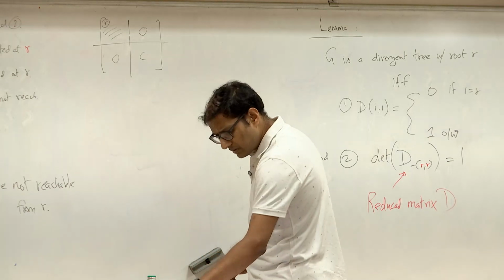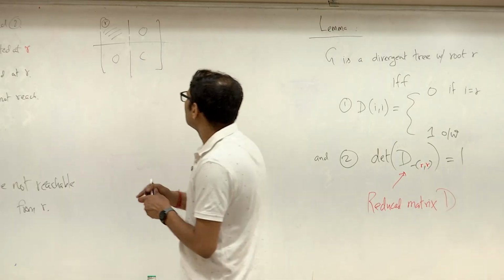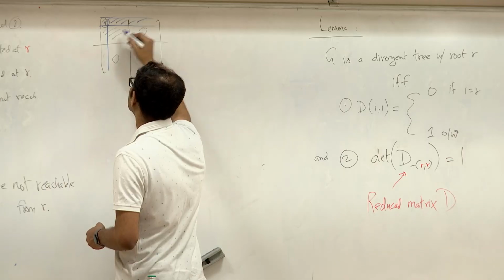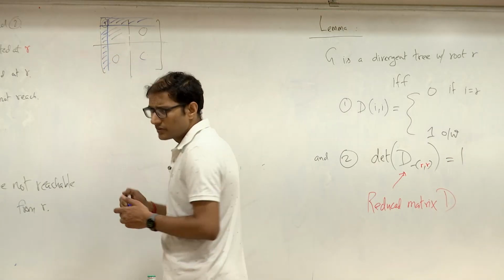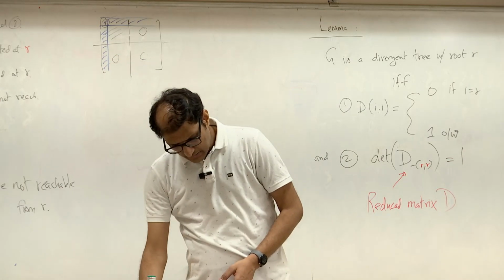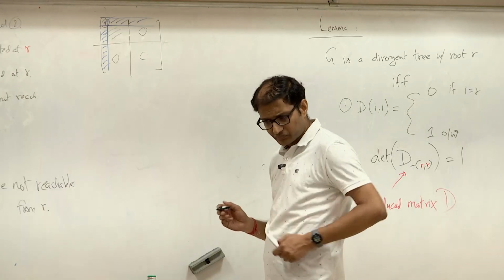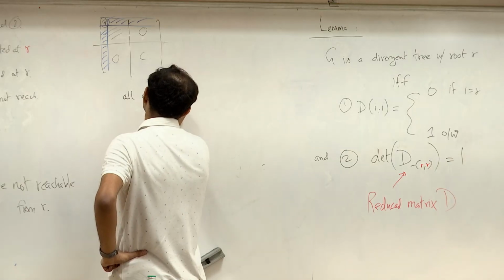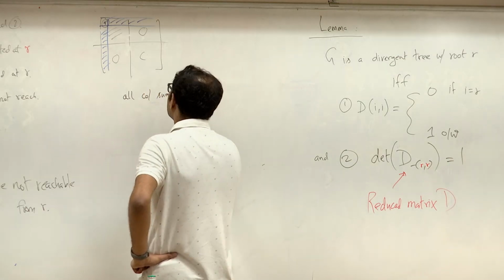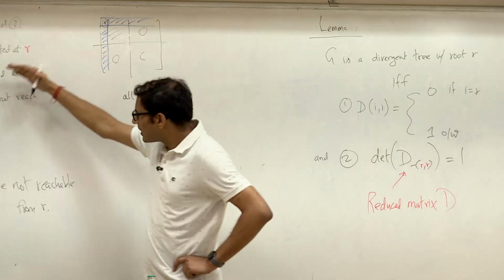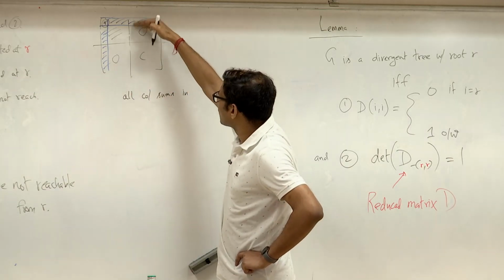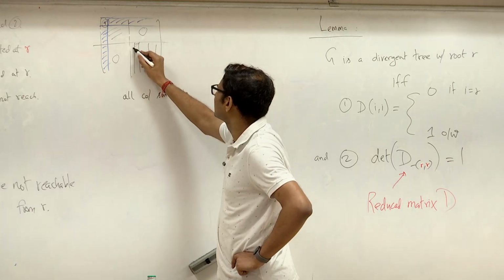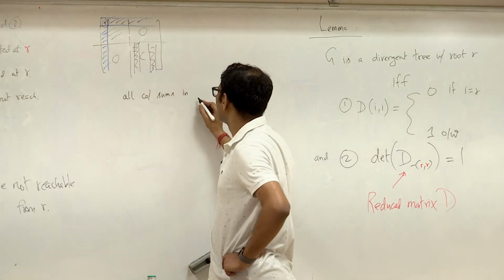So I want to drop the rth row and the rth column. So I drop this thing, right? And next I note that all column sums in C, yeah, that's the observation I wanted to make. So look, I know that all columns add up to 0. This part is already 0. So all columns of C, like these guys, they also add up to 0.